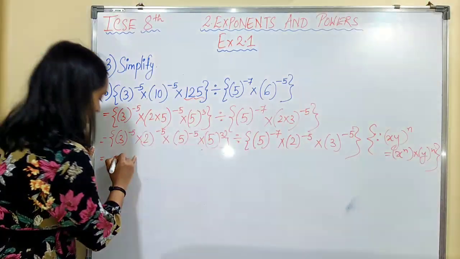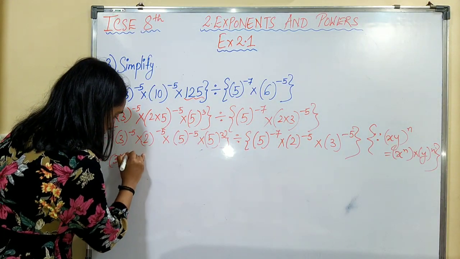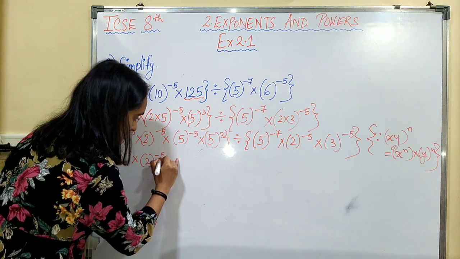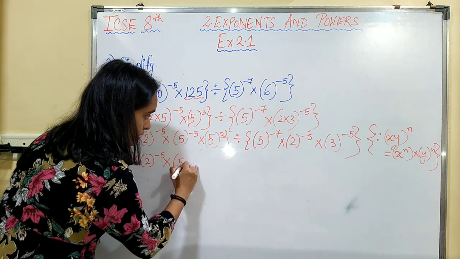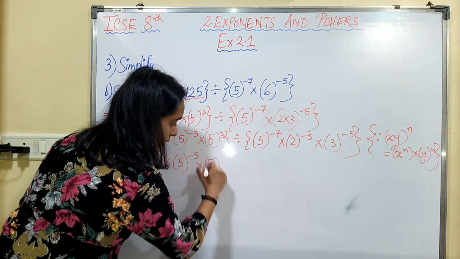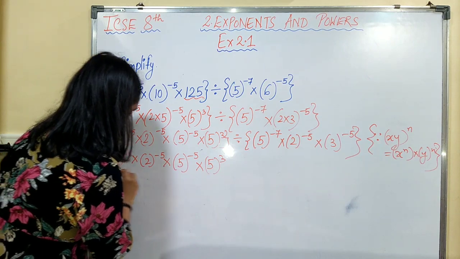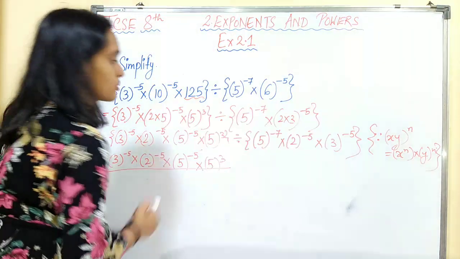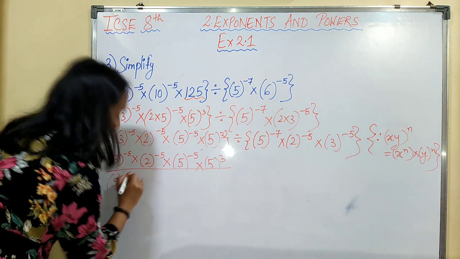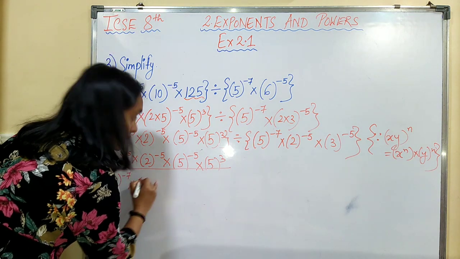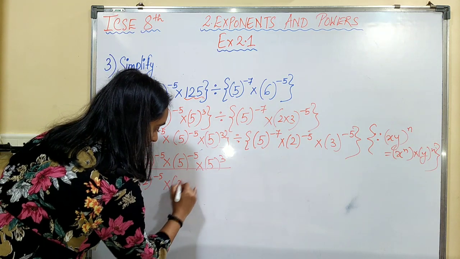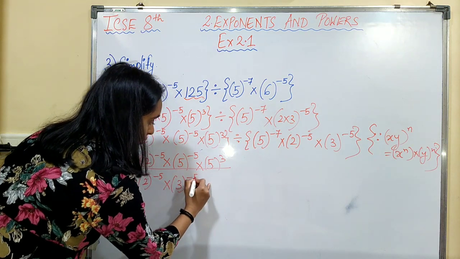So it will be 3 raised to minus 5 multiplied by 2 raised to minus 5 multiplied by 5 raised to minus 5 multiplied by 5 raised to 3. Now this 5 raised to minus 7 multiplied by 2 raised to minus 5 multiplied by 3 raised to minus 5.